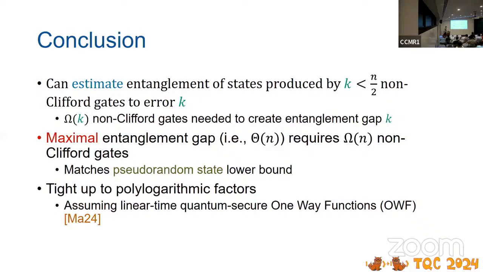I guess the point is that this might not be the best assumption to rely on, but the idea is that if you could improve our result, then this would discredit the existence of linear time quantum secure one-way functions, and we don't expect our techniques to be able to do such a thing, because why would stabilizer states and things like that disprove such a strong statement?